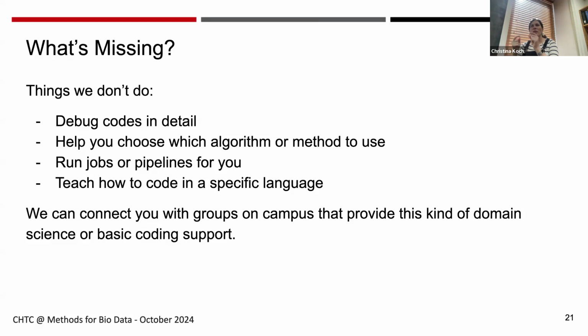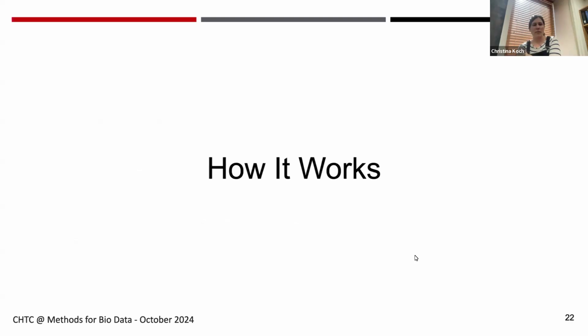Sometimes we help with little pieces of debugging as it relates to running on CHTC, but we can't teach you how to code in general or run things for you. But we can connect you with groups on campus that provide that kind of support. Once you've gotten the help you need to get to the stage of "I can run my thing," that's when we can take over and help you transition to running it in CHTC, if that's appropriate.